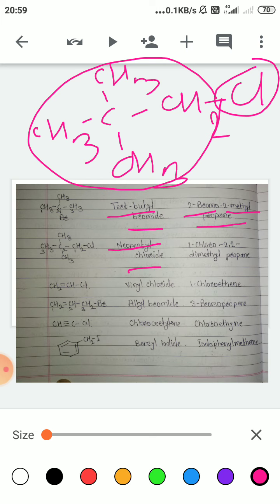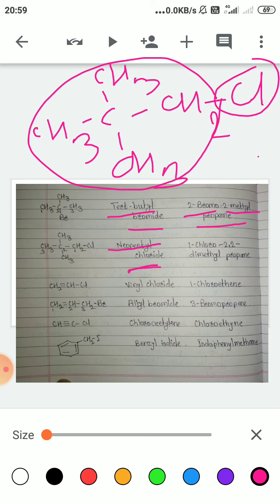Then it will be clear for the common name system, and generally the questions ask about this kind of names, only to confuse, so don't be afraid of that. Just remember these particular alkyl groups and make it simple by writing practice. The common name of this compound is neopentyl chloride.